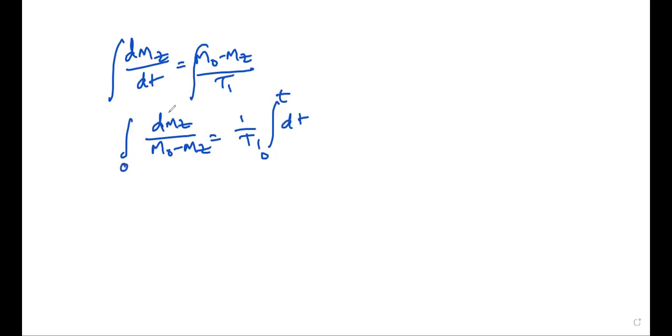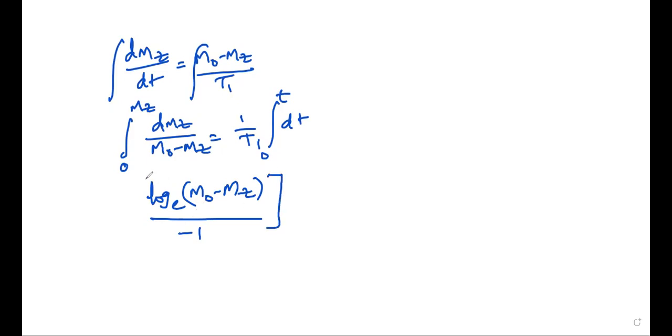Here the limits are 0 to Mz. So log base e of M naught minus Mz by minus 1, under limits 0 to Mz, is equal to small t by capital T1.